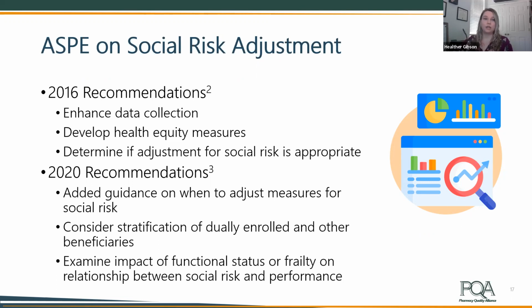Then in 2020, they added guidance on when to adjust measures for social risk, consideration of stratification of dually enrolled and other beneficiaries. They also recommended the further examination of the impact that functional status or frailty could have on the relationship between social risk and measure performance.